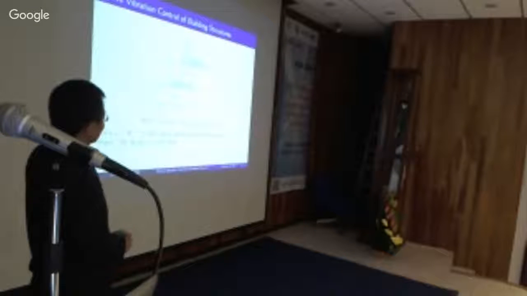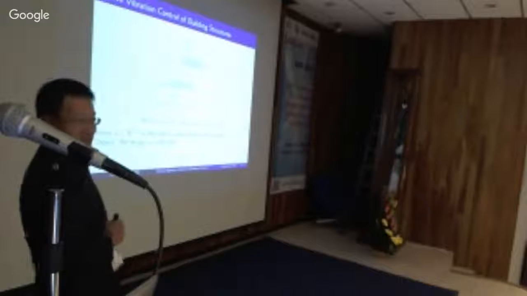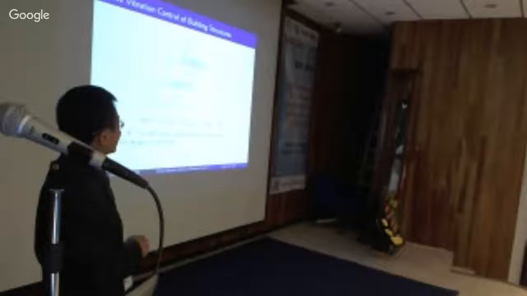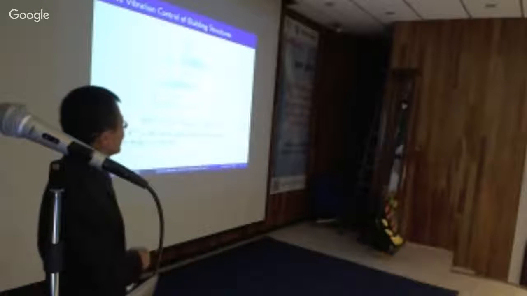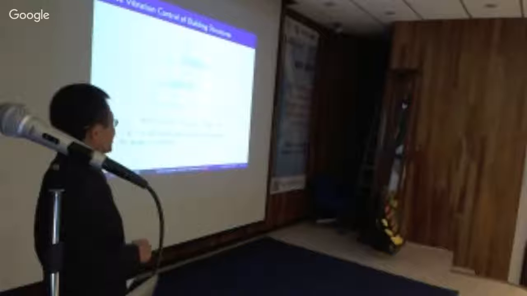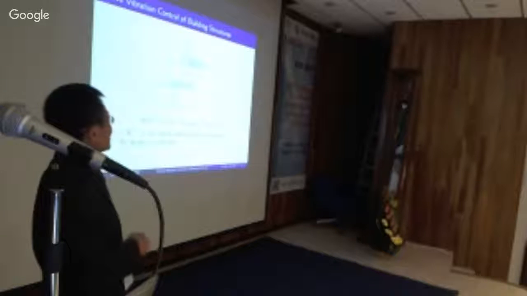The objective is to bring the movement of this building to zero. So it means I want to design this control such that x of this building is near zero. It's better, no? It's vibration. So you can see this equation is very easy.